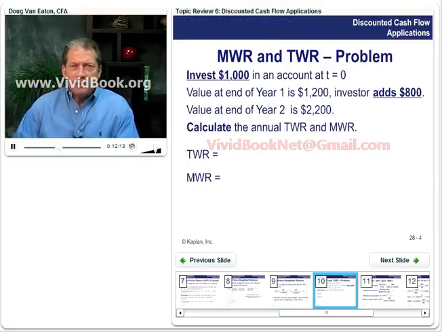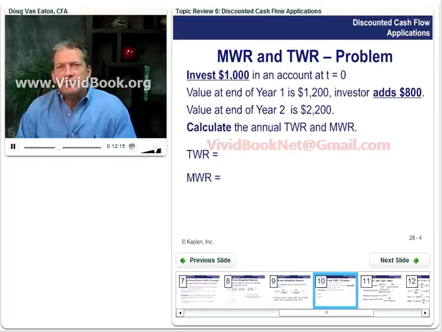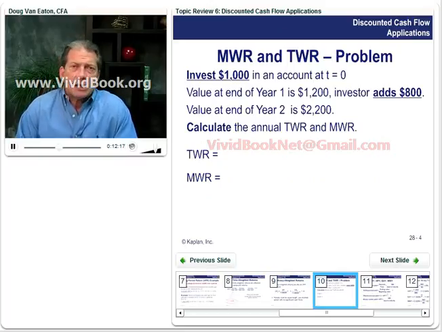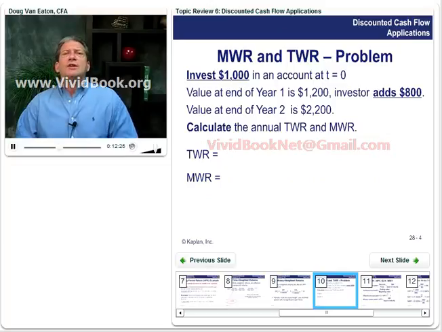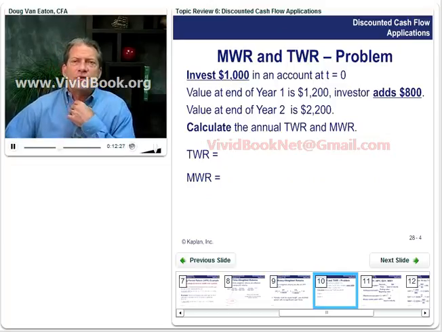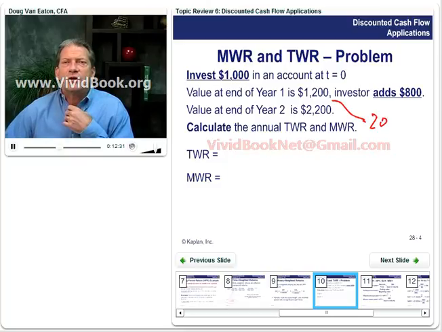We've got some simple numbers here to illustrate the difference between these two methods and also the calculations. If we invest $1,000 in an account at time 0 today, and after 1 year the value of that account is $1,200, well, we've had a 20% return over that first period.